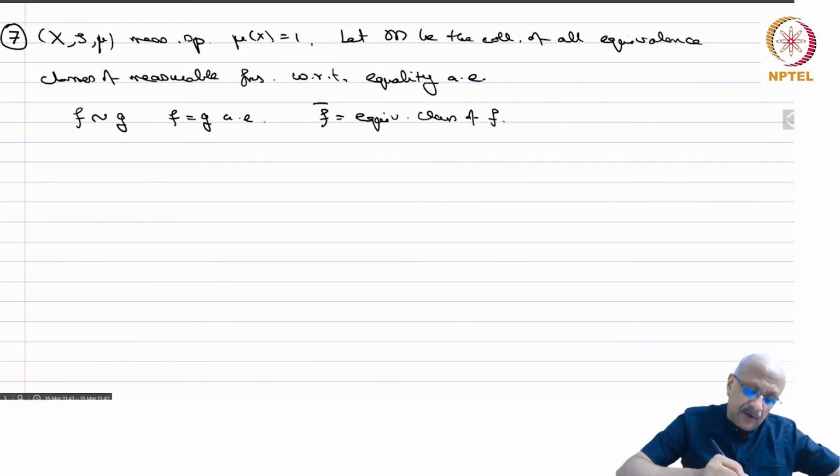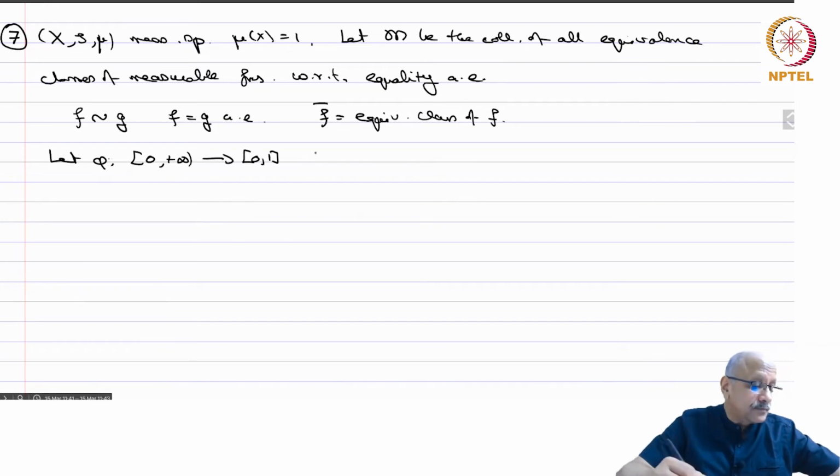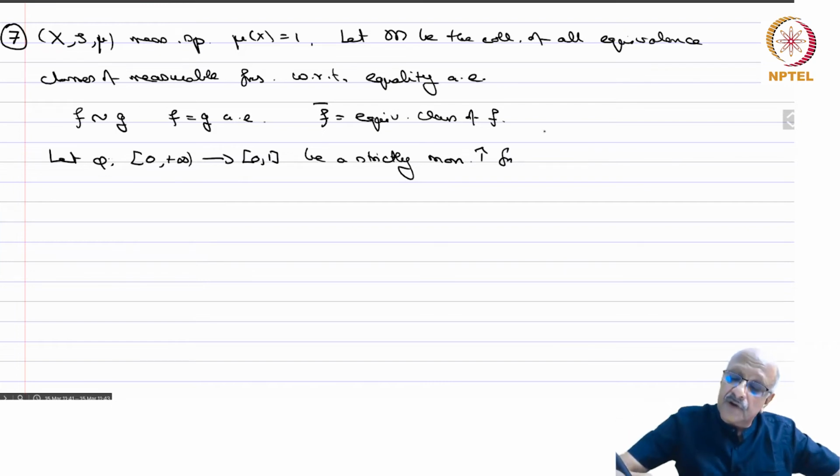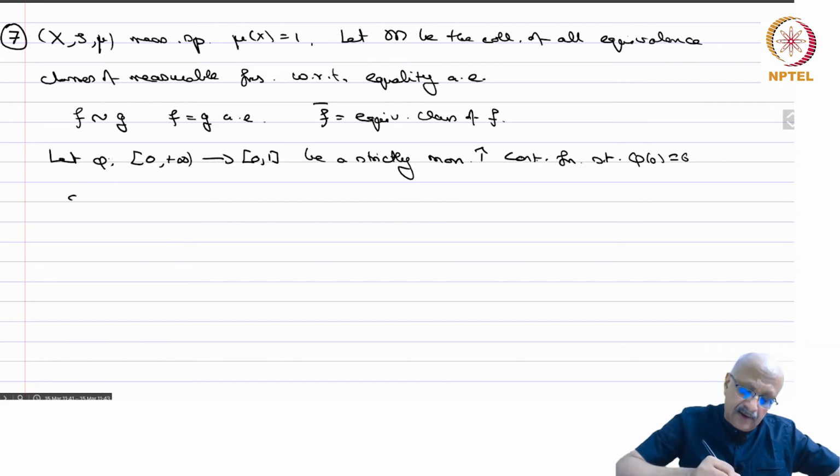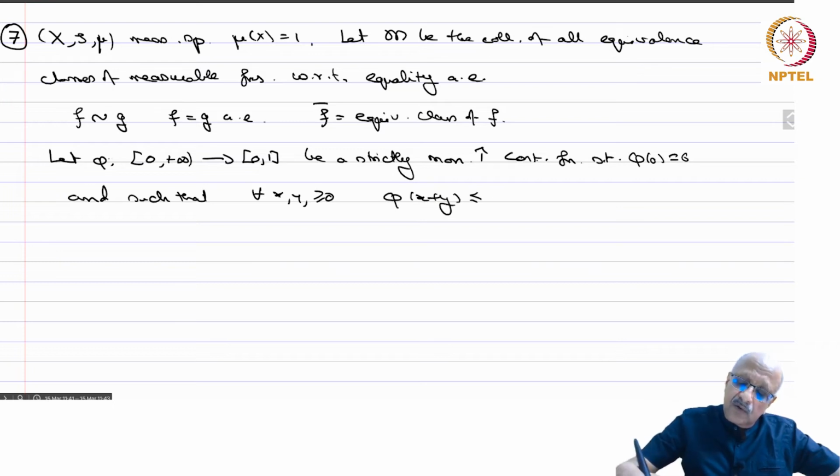Let phi from 0 to plus infinity to 0, 1 be a strictly monotonically increasing, continuous function such that phi of 0 is 0, and such that for all x, y greater than or equal to 0, phi of x plus y is less than or equal to phi of x plus phi of y.